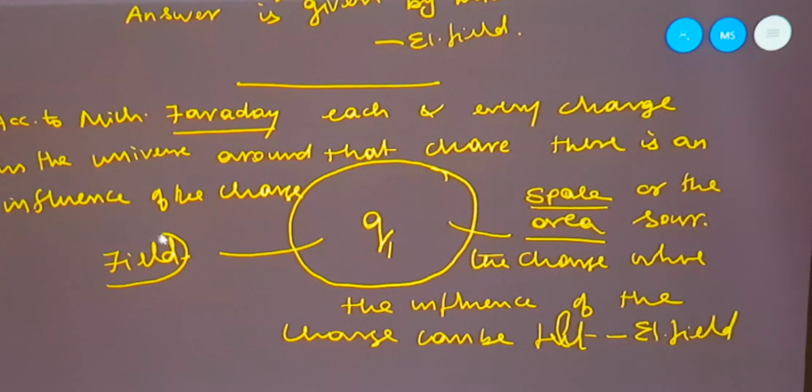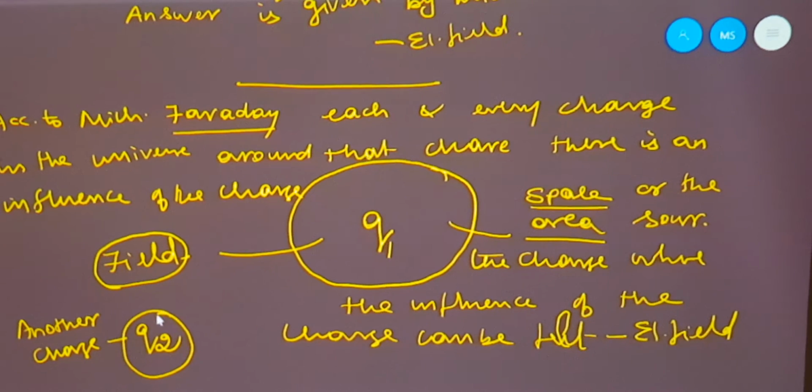If you consider another charge, let us call it Q2, and if the charge Q2 or any other charge is brought inside this space, its influence or its field, then what happens?